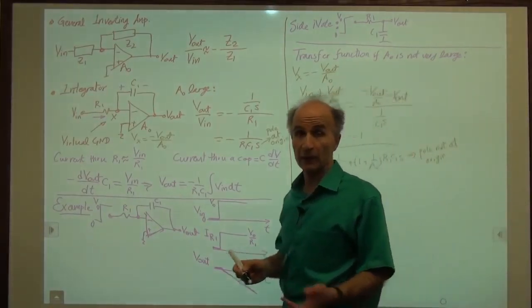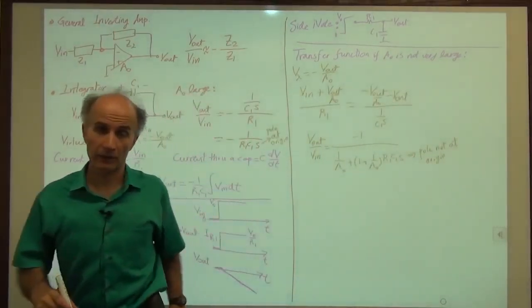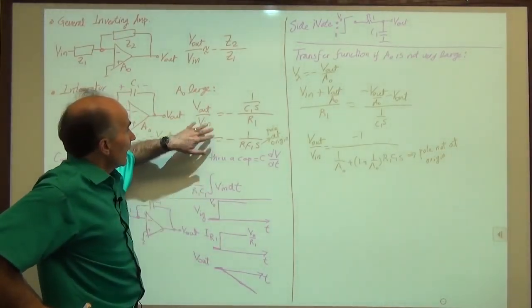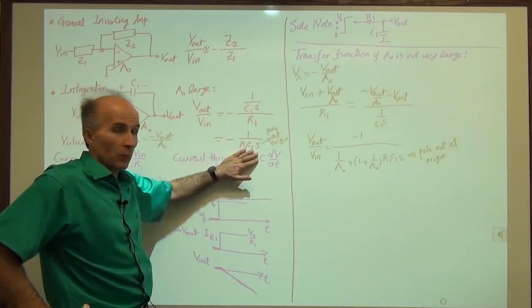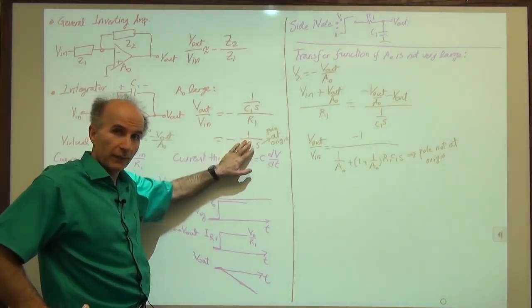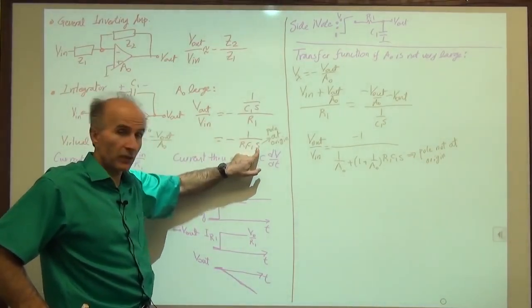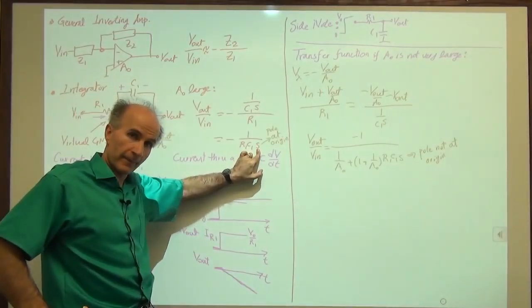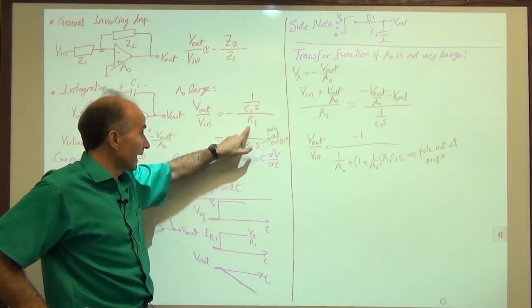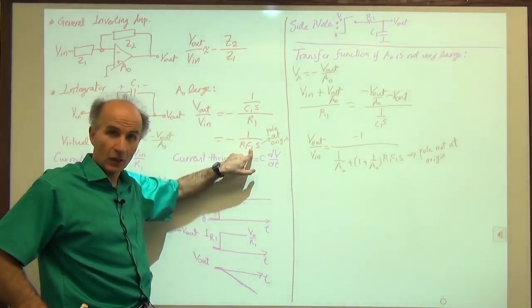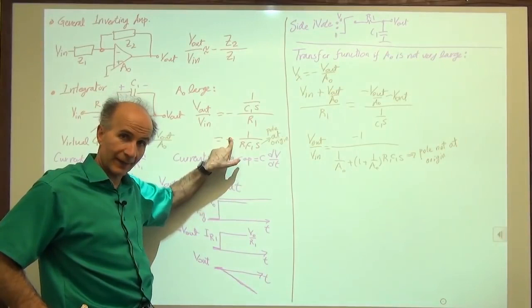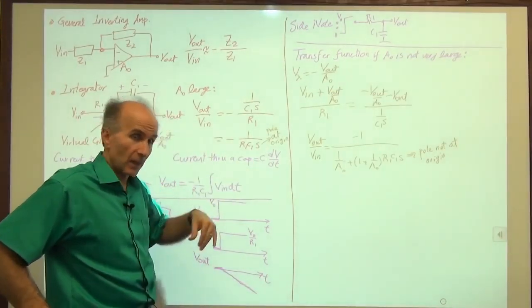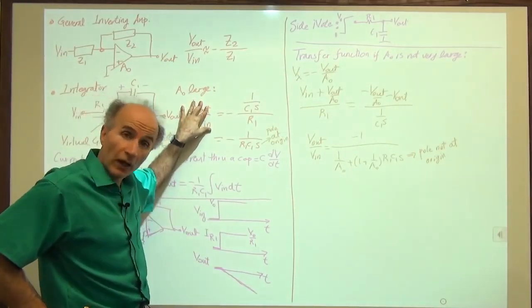Okay, so now what is the big deal about being at the origin or not being at the origin? All right, well, let's take a step back. Look at this transfer function and ask ourselves what happens to this transfer function as the frequency of operation becomes smaller and smaller. We see that this gain, if you want to think of it as gain, becomes larger and larger. Don't worry about the negative sign. So if S goes to very, very small values, the gain of the circuit goes to very, very high values.